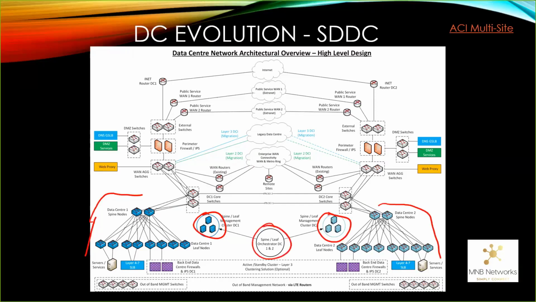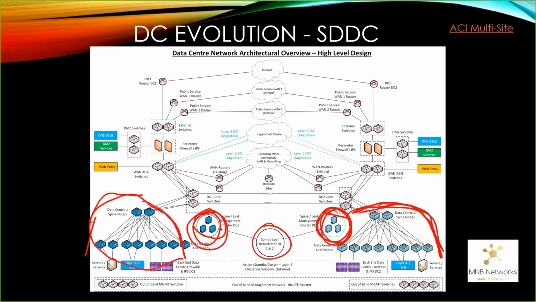So how does this fit together, right? The APIC here basically is used to configure the spine leaf switches here. The APIC cluster here is used to configure the ACI cluster here, or the fabric cluster here.